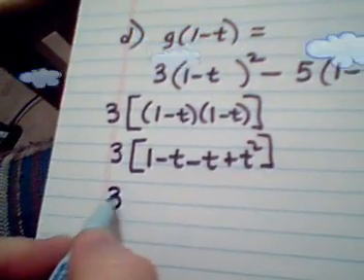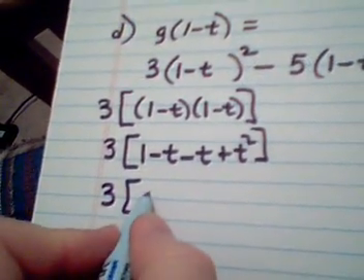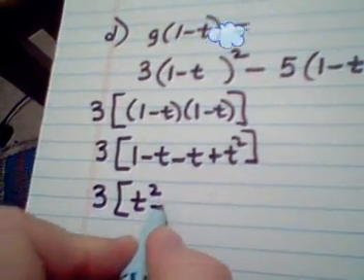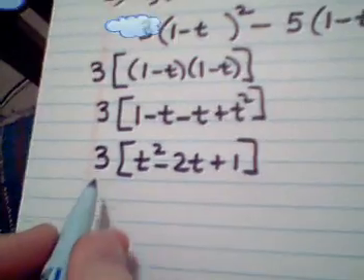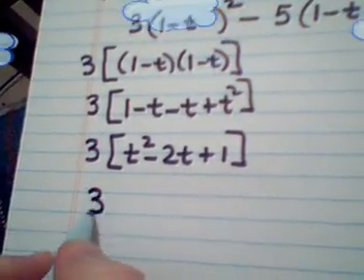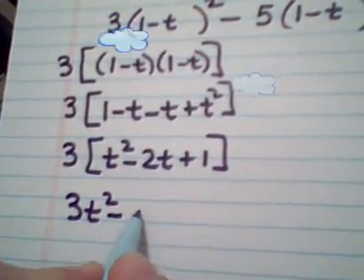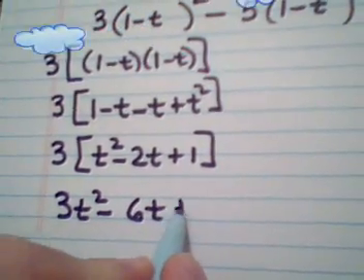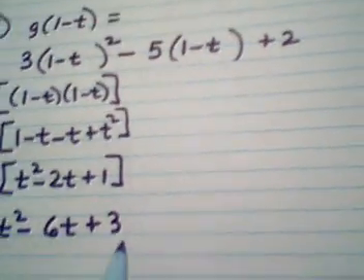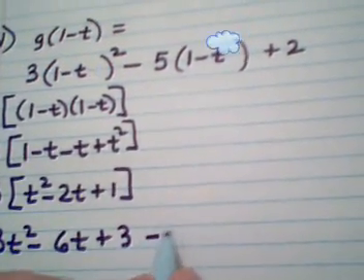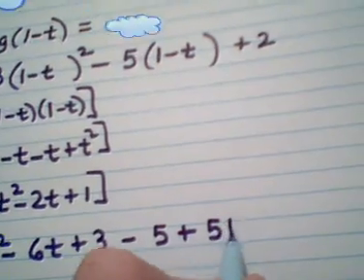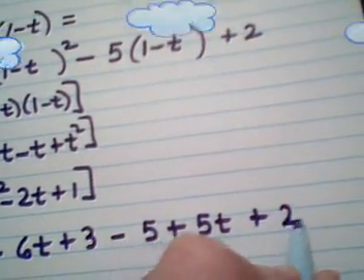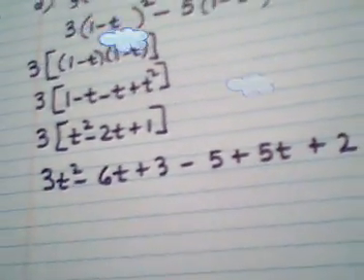When I collect like terms inside there and put it in the correct order, we have t squared minus 2t plus 1. When I distribute the 3, I have 3t squared minus 6t plus 3. Then I pick up the rest of the problem. I get a negative 5 and a plus 5t and then a plus 2.